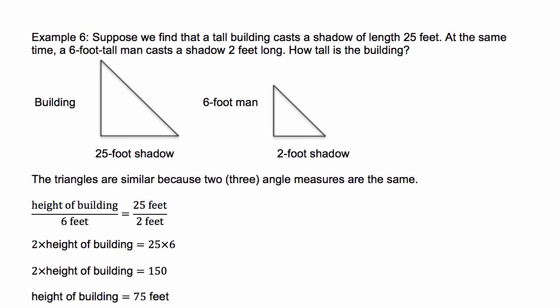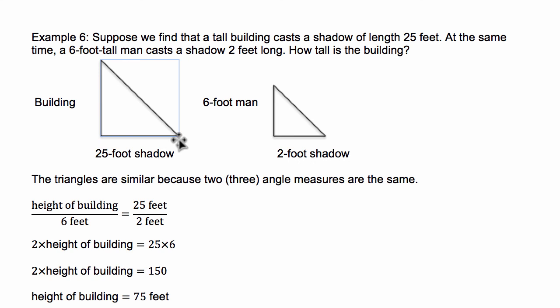Of course, there are other methods we might have used to solve this problem. Since the triangles are similar, we know that corresponding sides are proportional. So we might have solved this problem by finding the constant of proportionality. Since we have to multiply the length of the smaller shadow by 12.5 to get the length of the larger shadow, 12.5 is our constant of proportionality.